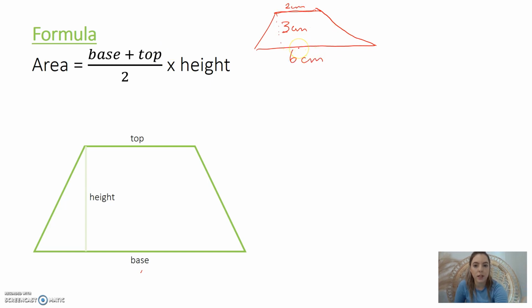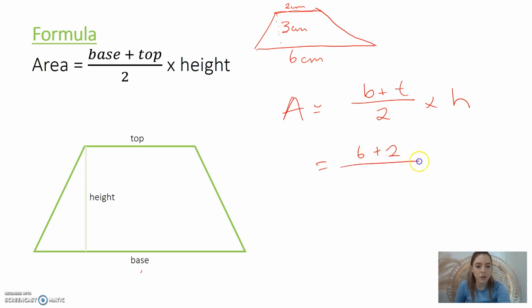So we've got our measurements on here. Formula is base plus top divided by 2 times by the height. So base is 6 plus the top, which is 2, divided by 2 times by 3.